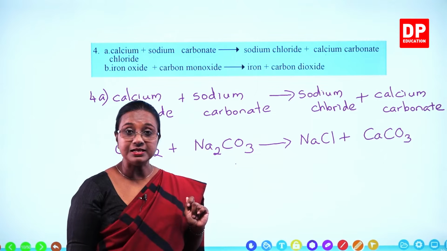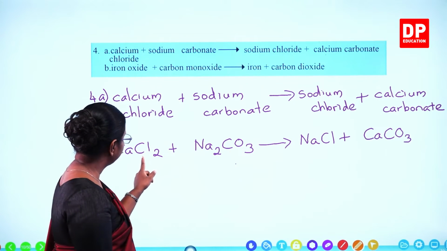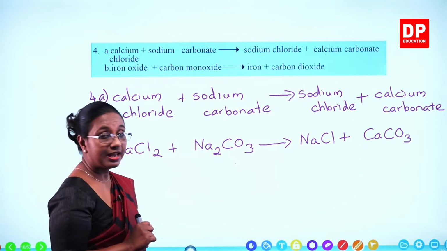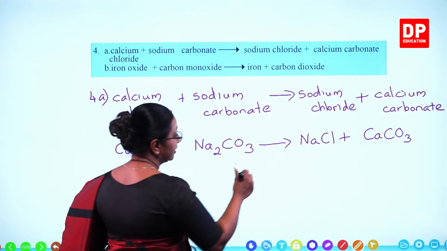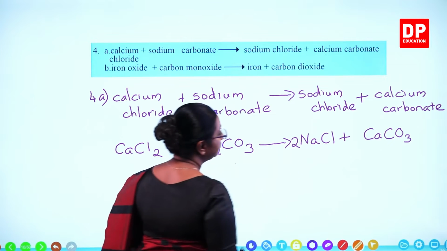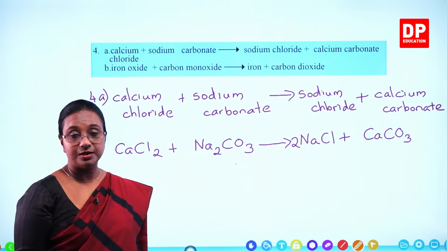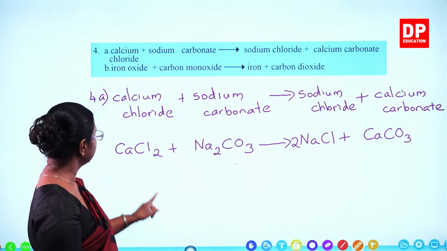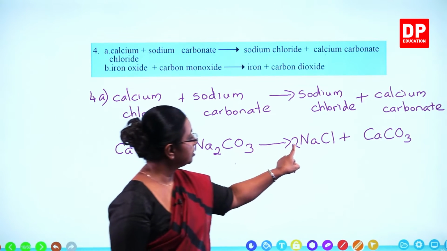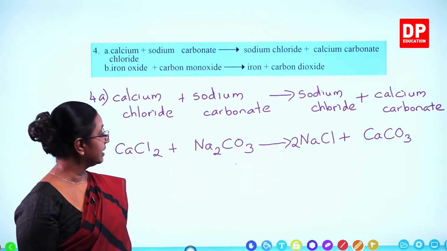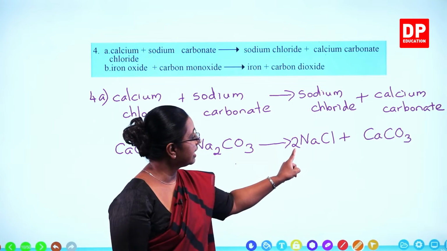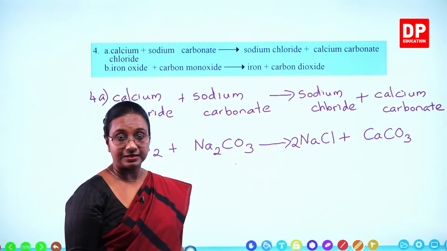What needs to be balanced? You need to have two chlorines and two sodium atoms. So what can we do? We can write a coefficient of 2 in front of sodium chloride. Now it's balanced. Calcium and calcium balanced. Two chlorine atoms, two NaCl, so two chlorine atoms. Two sodium atoms, two NaCl, again two sodium atoms, balanced.